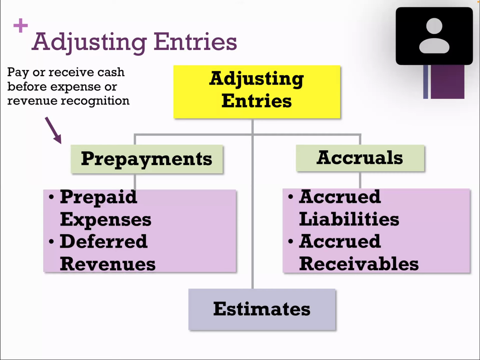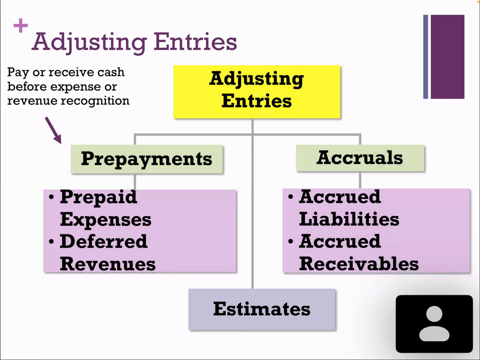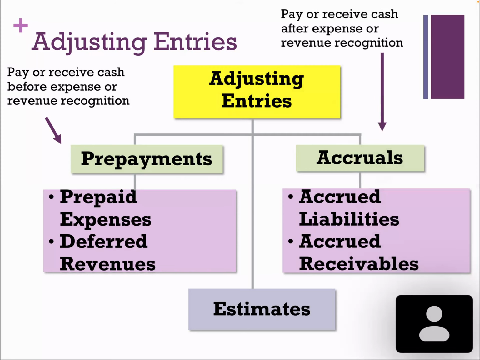Okay, so accruals though. In this case, we have done the work or incurred the expense, but we haven't received the cash. So pay or receive cash after the expense or revenue recognition. The wording might be a little challenging here, but revenue recognition means we've done the work, right? So the work has been done, but we haven't received the cash.